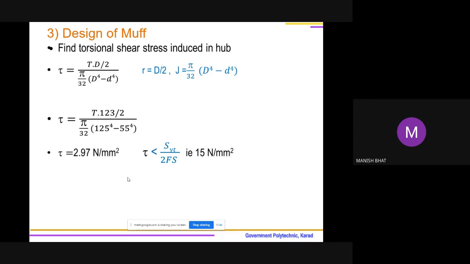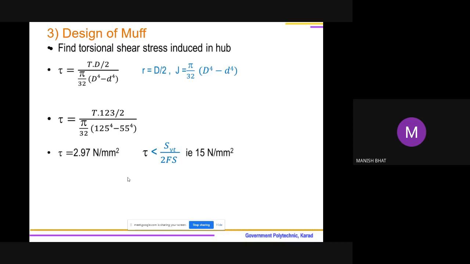Polar moment of inertia for this hollow cylinder is pi by 32, D raised to 4 minus d raised to 4. If you put it in the formula of torsional shear, tau is equal to T multiplied by outer diameter 125 divided by 2, upon pi by 32, 125 raised to 4 minus 55 raised to 4. If you calculate this torsional shear stress, it comes out to be a very small value.